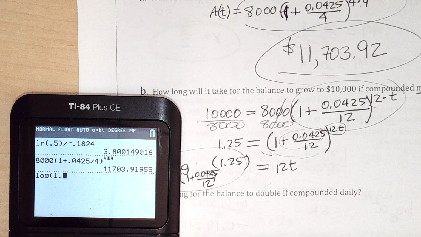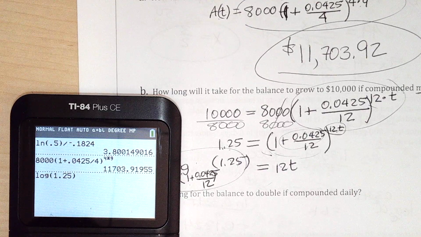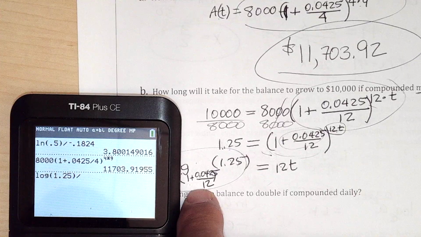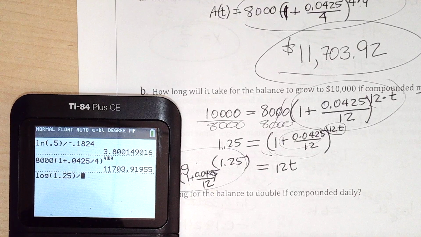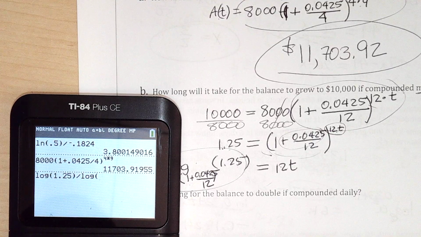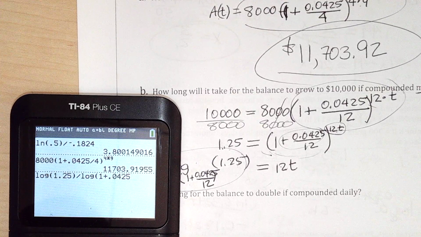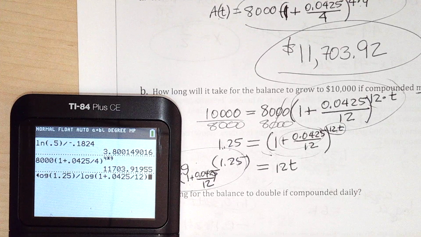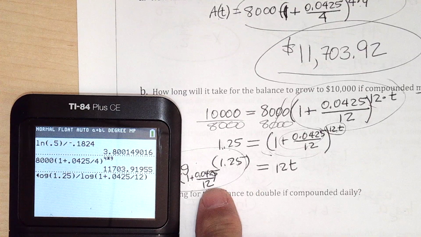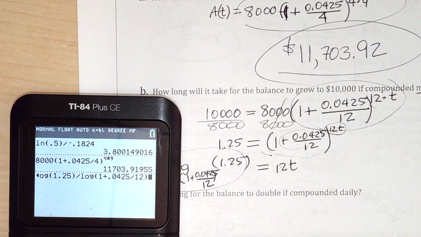Log of 1.25, close parenthesis, divided by, or use the change of base and type in the base, this expression, but I'm going to type in just log of 1 plus 0.0425 divided by 12. So log of the argument, log of the base, equals 12t.